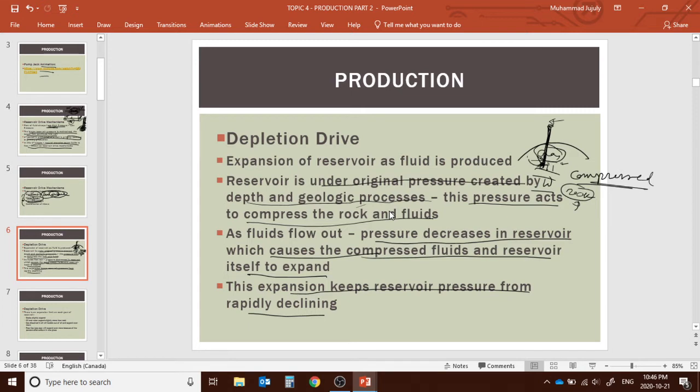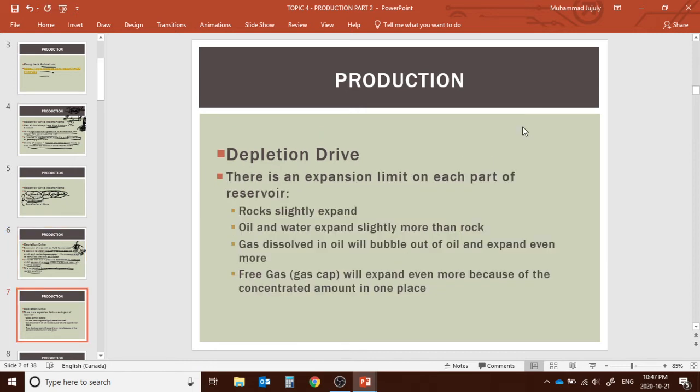So even though oil, water, and rock all expand, gas expands in a much better way. So the expansion factor of gas is very high.